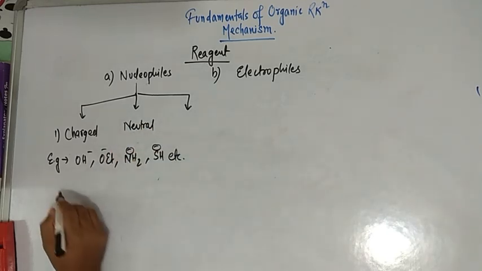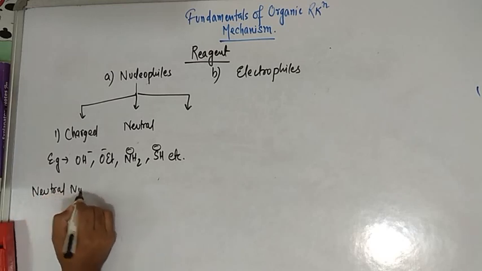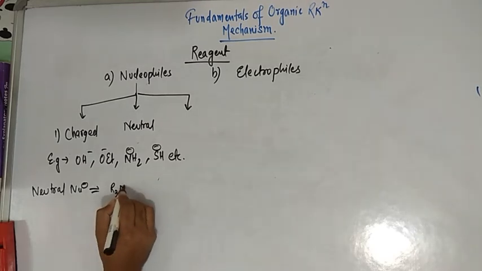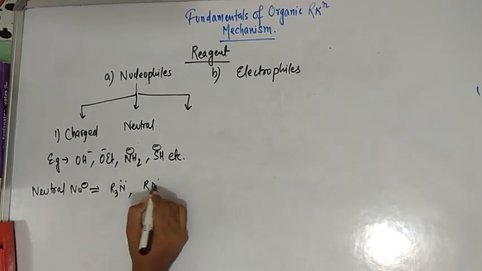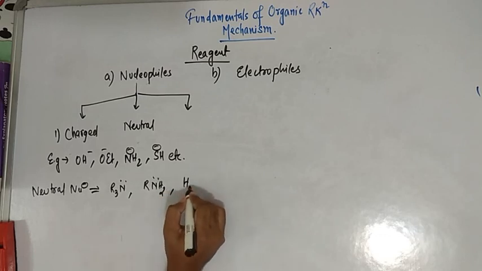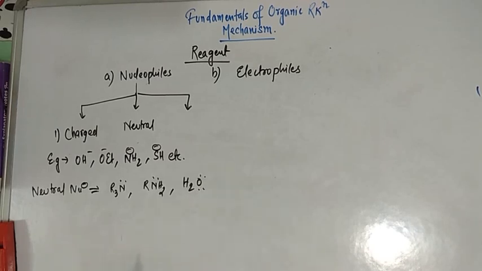Examples of neutral nucleophiles are R3N, RNH2, H2O, that is, those which have a complete octet as well as a lone pair of electrons. Those behave as neutral nucleophiles.